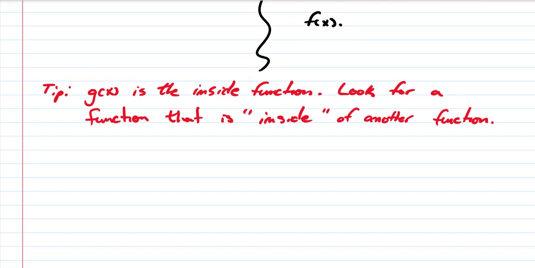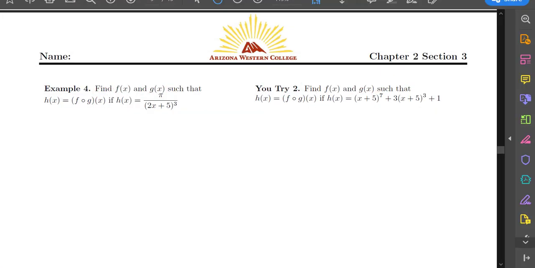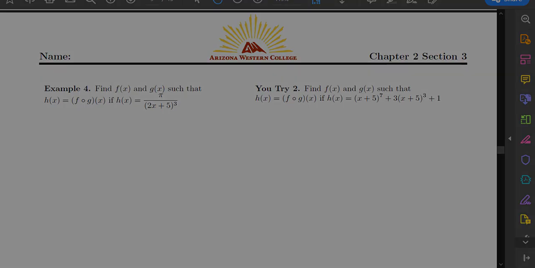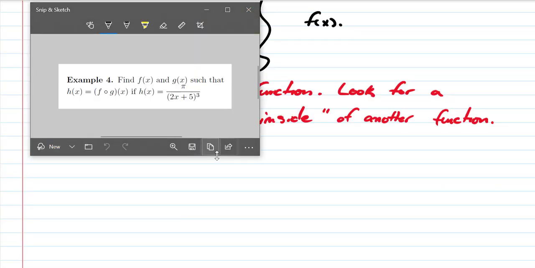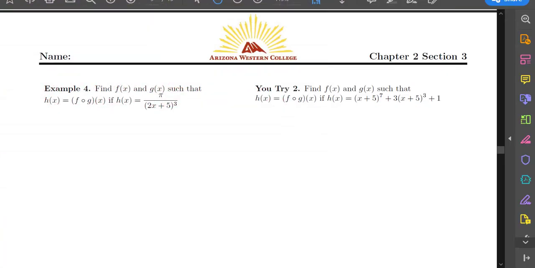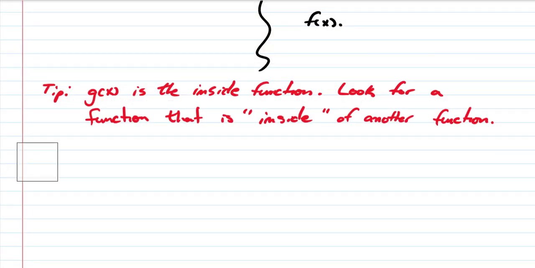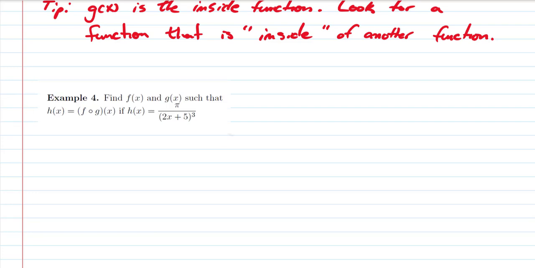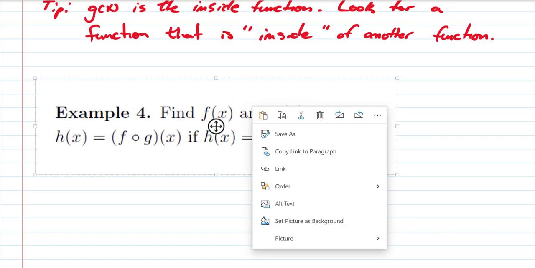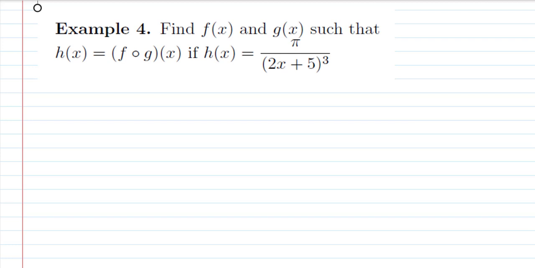All right, so let's take a look at example number 4. Find f of x and g of x such that h of x equals f circle g of x, if h of x is pi divided by 2x plus 5 cubed.